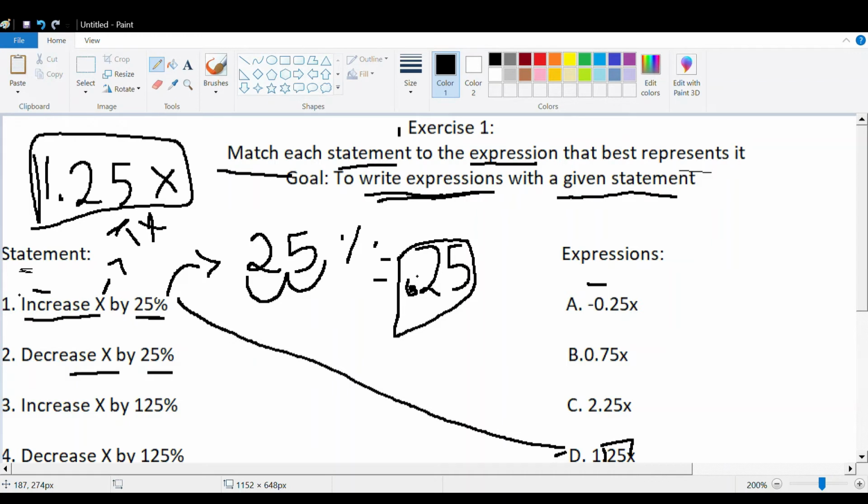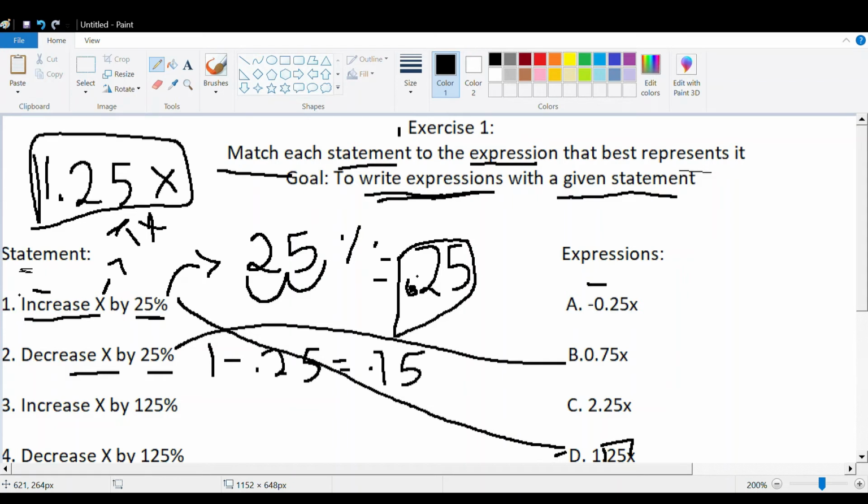If we are decreasing x by 25%, we are taking 0.25 away from 1, which equals 0.75. And that matches up with B. So therefore, we can say 2 is equal to B.